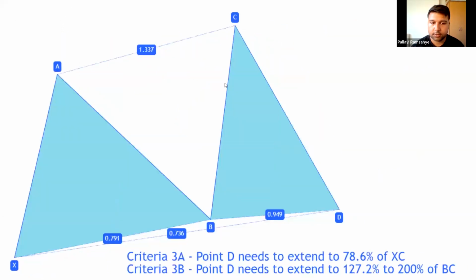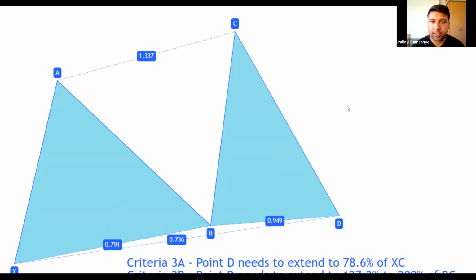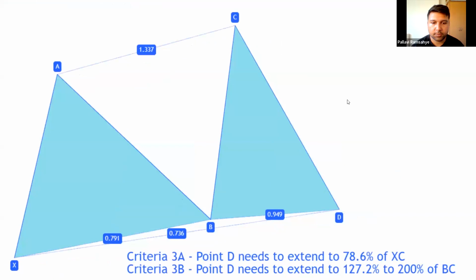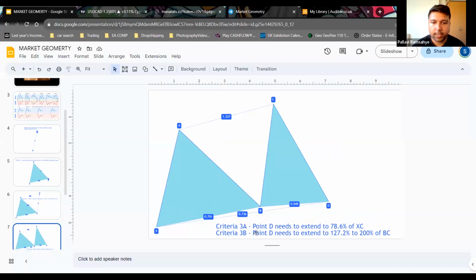Once we get to point D, there are two different criteria points in this section. I'm just going to exit out of that. Point D has 3A and 3B, and I've placed them both on the same slide so everybody can see.